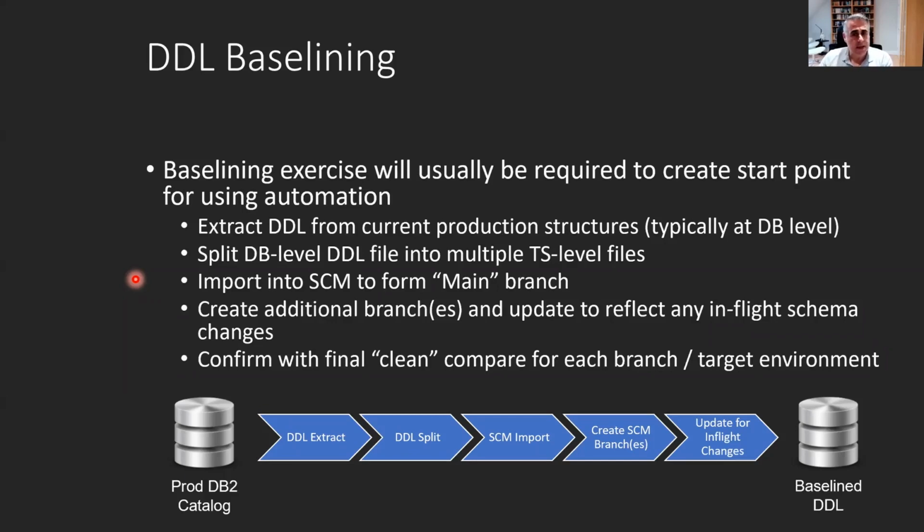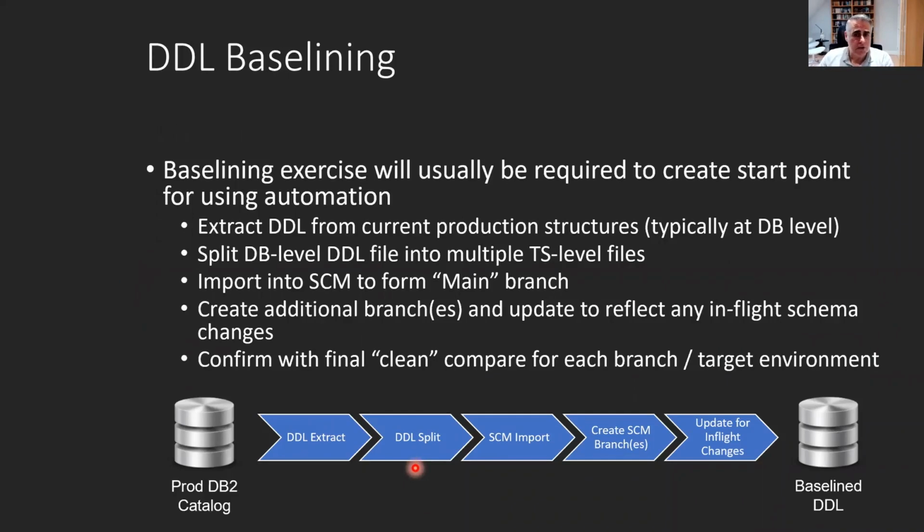So there'll typically be, unless you happen to be an organization that has traditionally held the DDL and versioned it and kept it rigorously updated, and I don't see many of those, most of the time it's going to involve you going to your production environment, extracting the DDL from your production structures, and typically that will be done at the database level, and then splitting the DDL into tablespace level files, so individual tablespace level files.